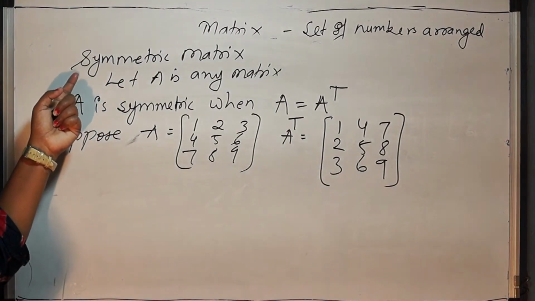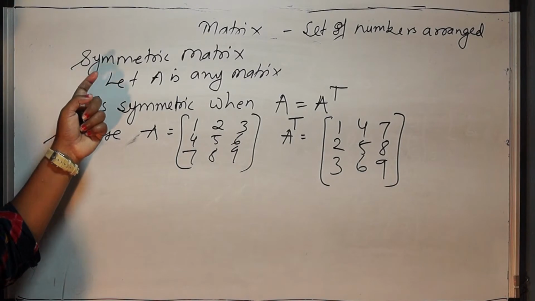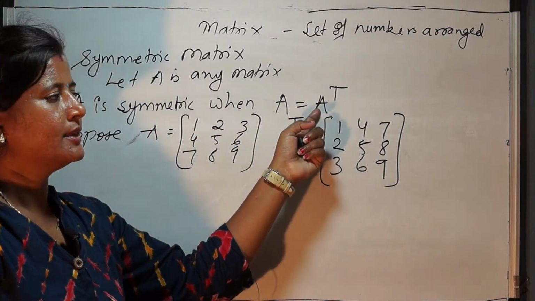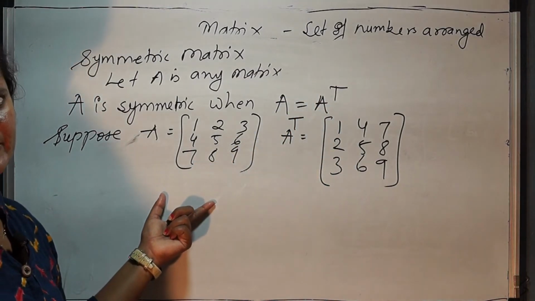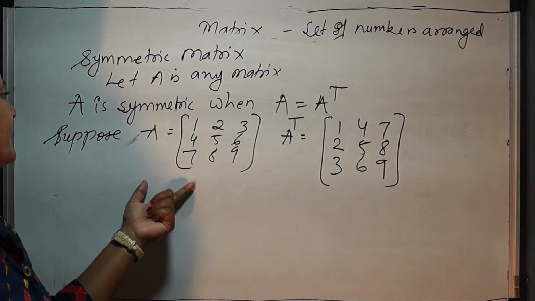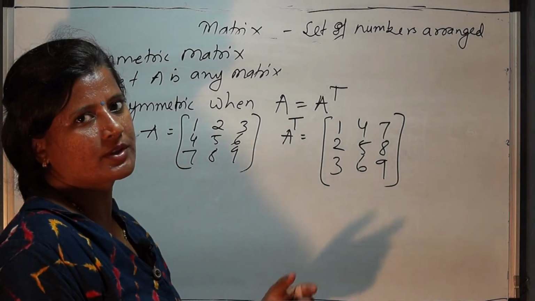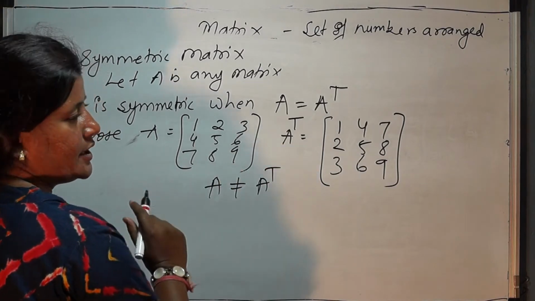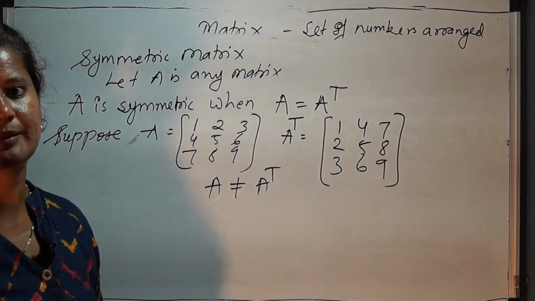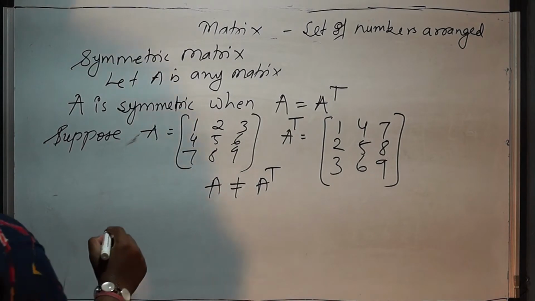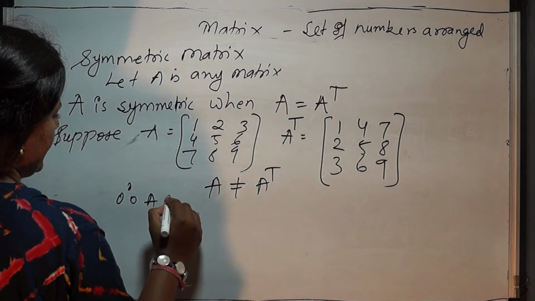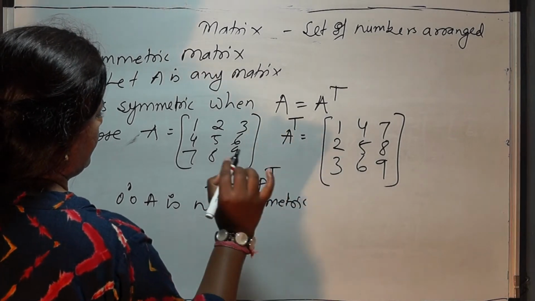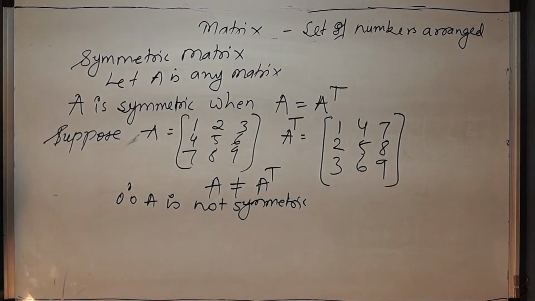What the concept of symmetric matrix says is, if A and A transpose are the same, then A is a symmetric matrix. Here you can see A is not equal to A transpose. Therefore, A is not a symmetric matrix. We'll see an example of a symmetric matrix also.